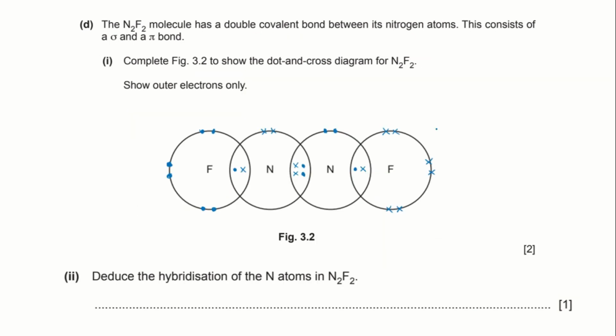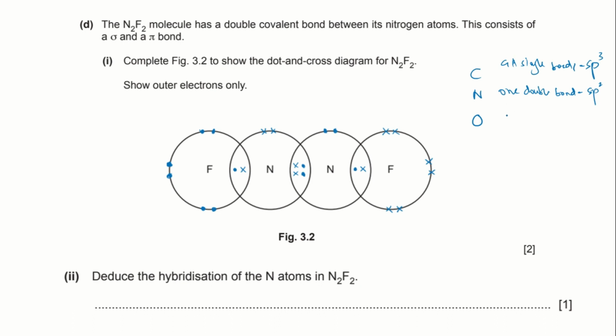In part 2, we will deduce the hybridization of the nitrogen atoms in N2F2. For carbon, nitrogen, and oxygen, if they are surrounded by all single bonds, no double bond, hybridization will be sp3. If there is one double bond, hybridization will be sp2.